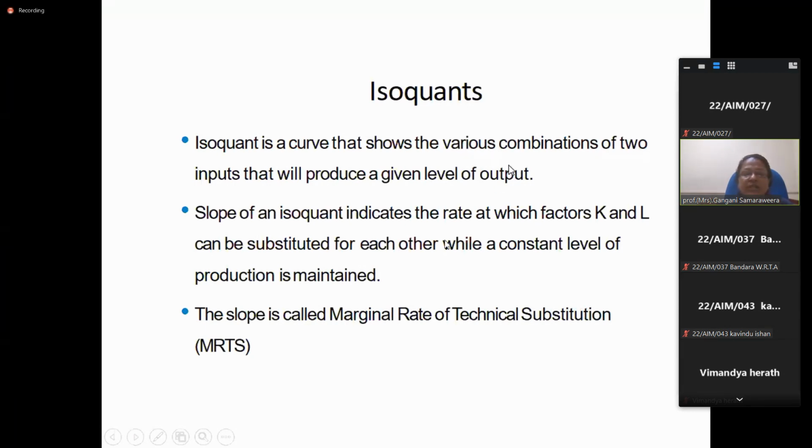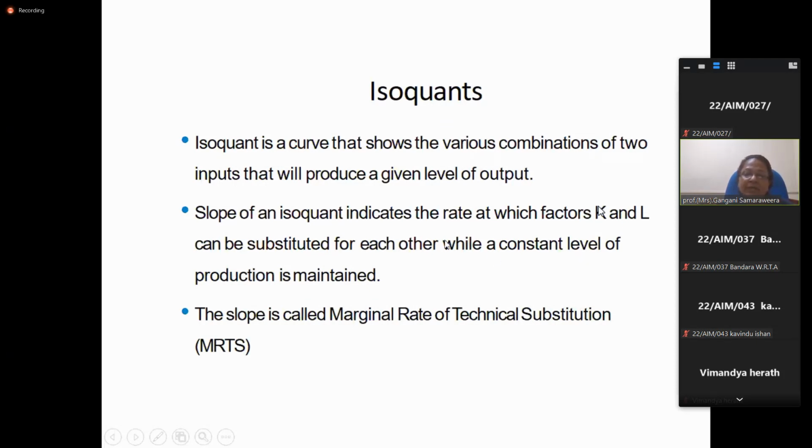You can change the quantity of inputs, let's say 2 labors and 5 capital, you are changing the amount, but you are getting the same level of output.